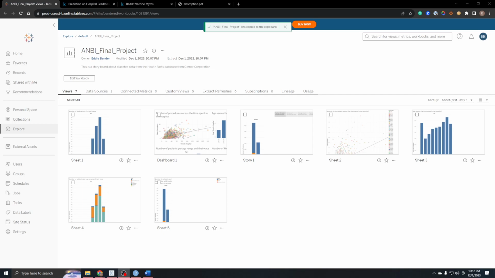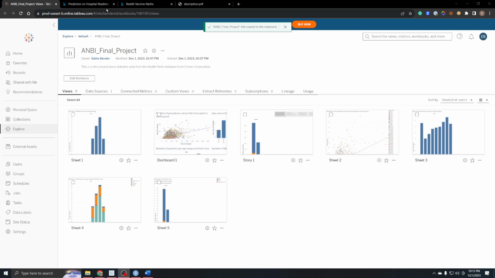As for my unstructured data, I decided to go with something a little more accessible, which was actually Reddit vaccine myths, which I think this time of year a lot of people are getting their vaccines again, so I always tend to go towards vaccines around this time of year, which is why I decided to go with that.